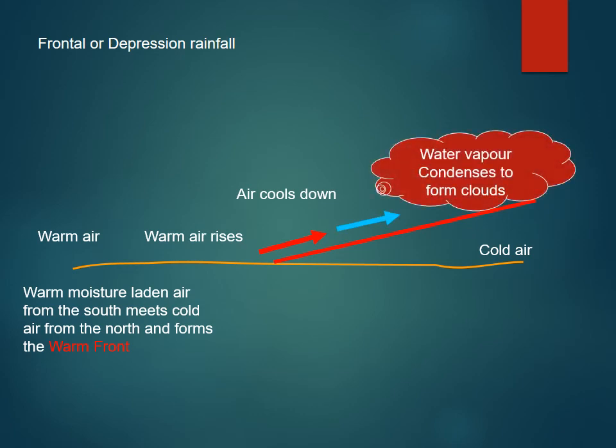This warm air then cools, condenses to form clouds, and then its further cooling leads to precipitation along this warm front, and here we will have heavy rainfall with thunder and lightning. So this kind of a rainfall is called cyclonic rainfall, frontal rainfall, or depression rainfall.